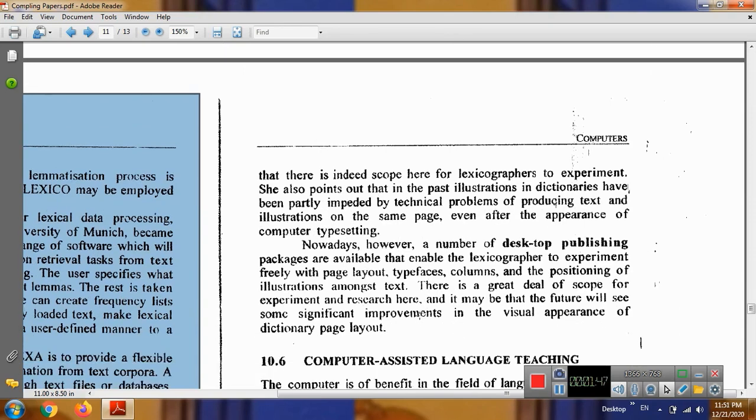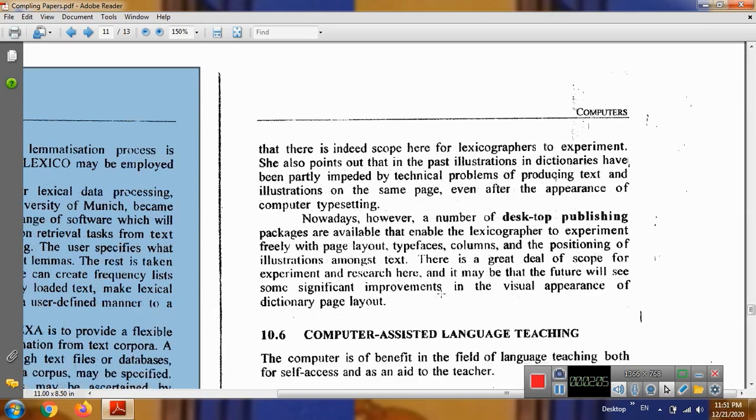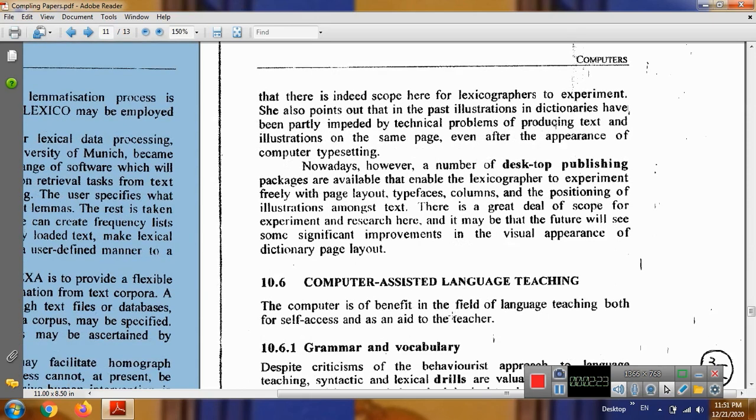Nowadays, however, a number of desktop publishing packages are available that enable the lexicographer to experiment fairly with page layout, typefaces, columns, and the positioning of illustrations amongst text. There is a great deal of scope for experiment and research here, and it may be that the future will see some significant improvements in the visual appearance of dictionary page layout.